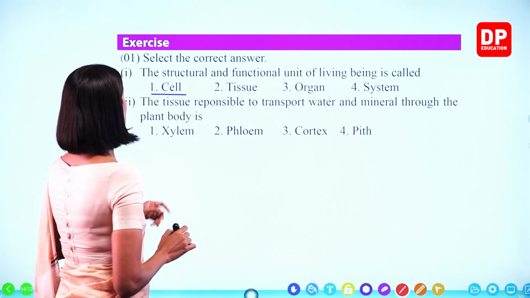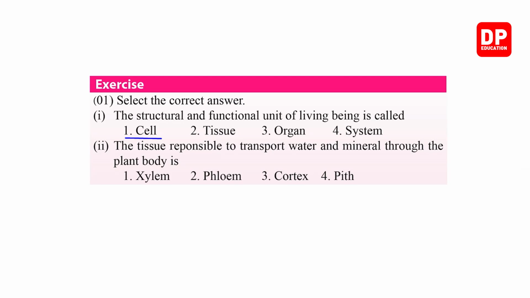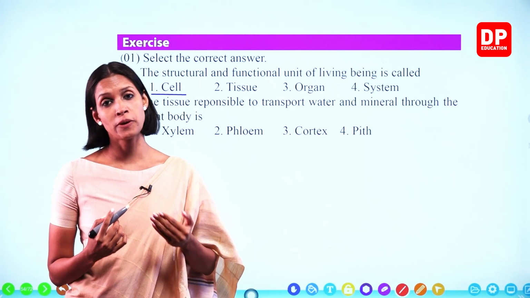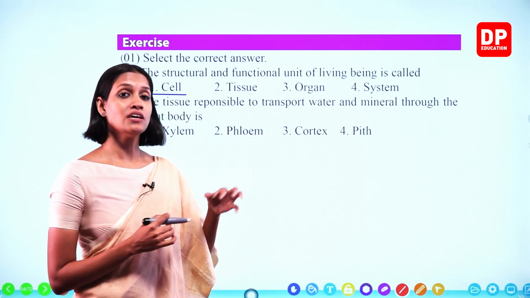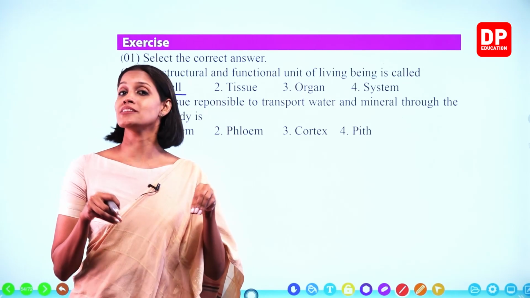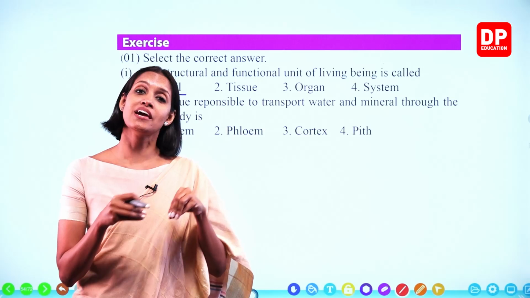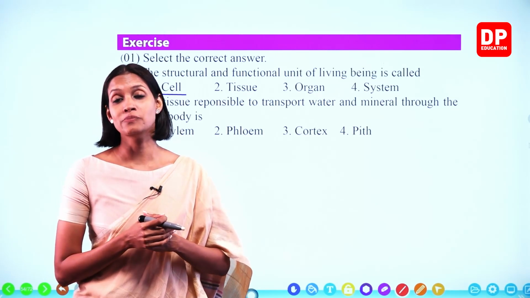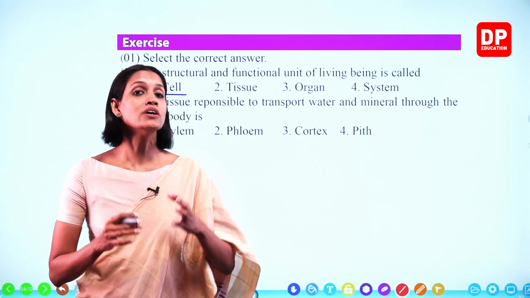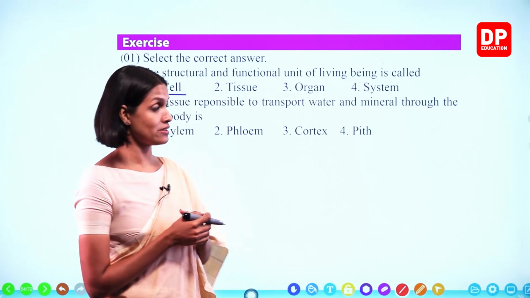Right. Next one. The tissue responsible to transport water and minerals through the plant body is. There are different types of plant tissues. Do you all remember we did this activity? We immersed the balsam plant in red color water, and then what happened, children? The xylem tissue gets colored because the xylem tissue transports water and minerals, okay?